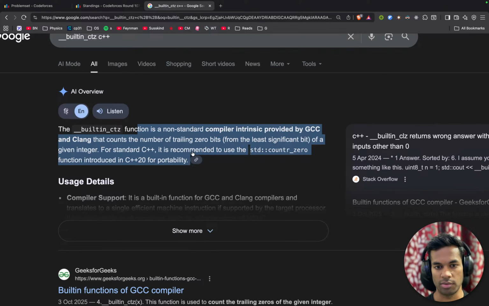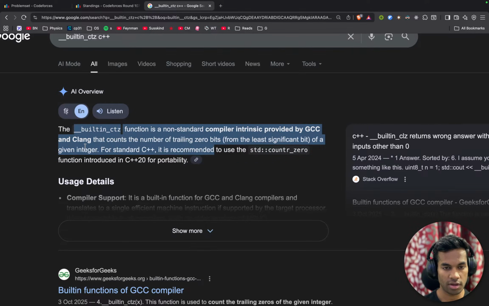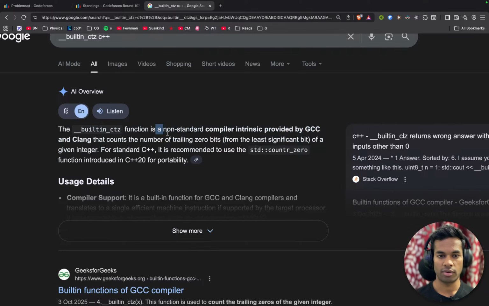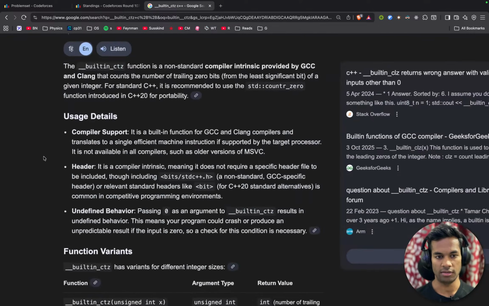Okay, it gives the number of trailing zero bits. That is something.